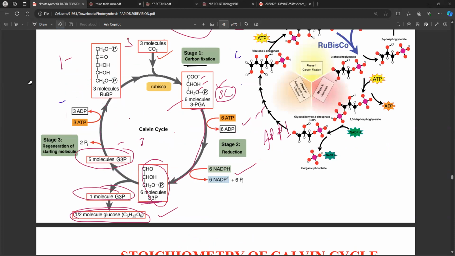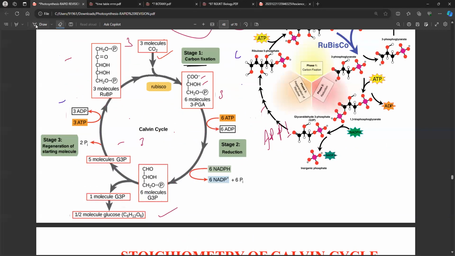Here we calculated for half glucose, right? For half glucose, I used 6 ATP here and 3 ATP here. So 6 plus 3, 9 ATP and 6 NADPH, just for half glucose. But I have asked for 1 glucose.